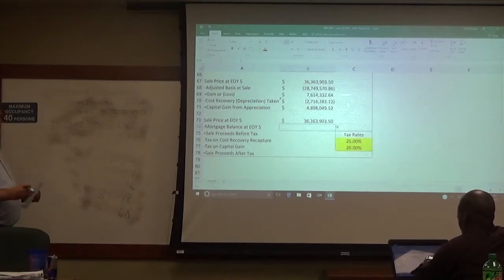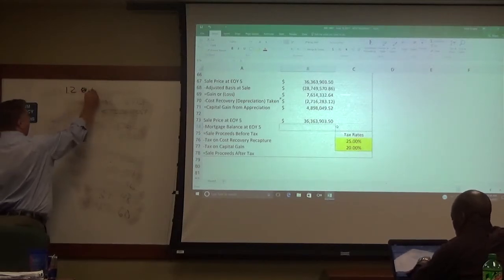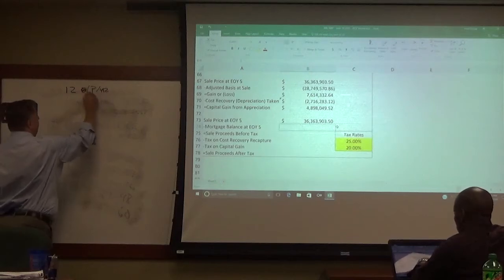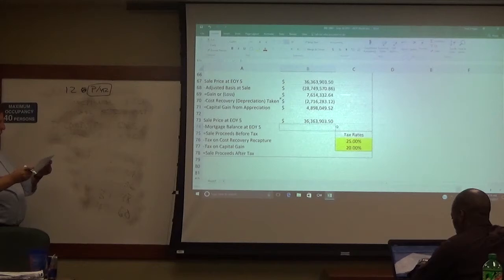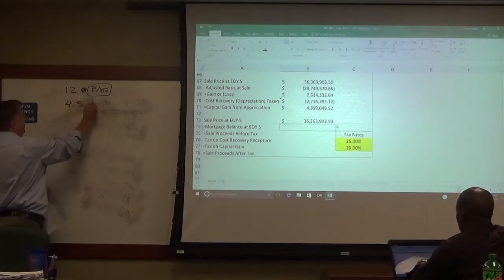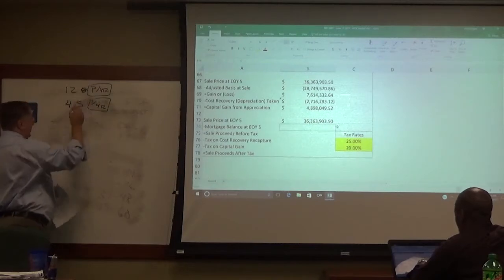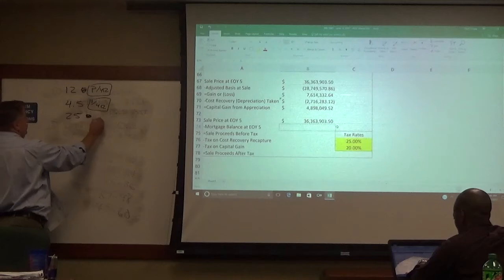Let's take a look at what we're going to be doing here. If we were using the calculator, we would have the calculator set to 12 payments per year, and we would put in the terms of the loan. In this case, we've got a 4.5% loan, so a 4.5% interest rate for 25 years.